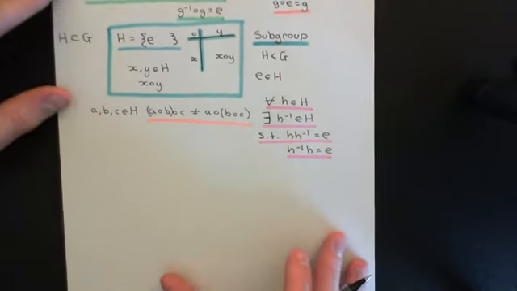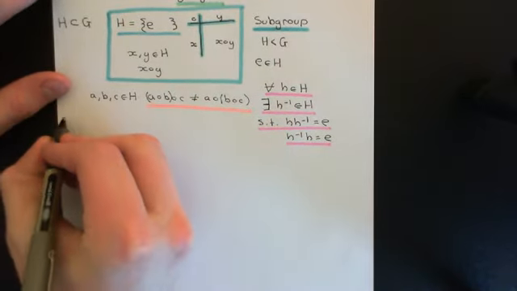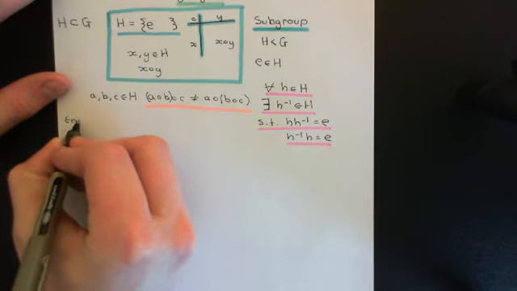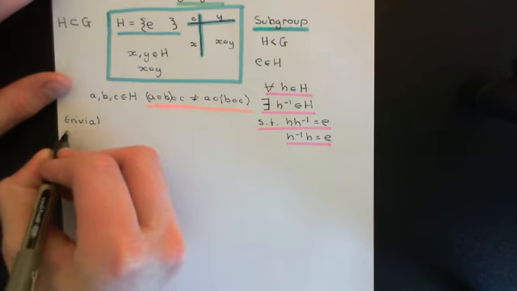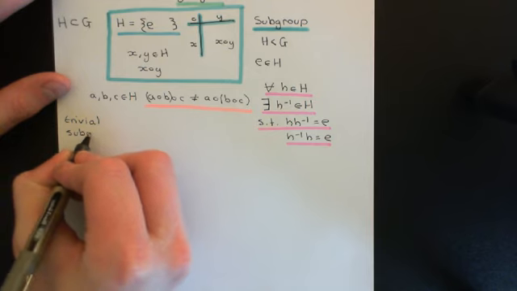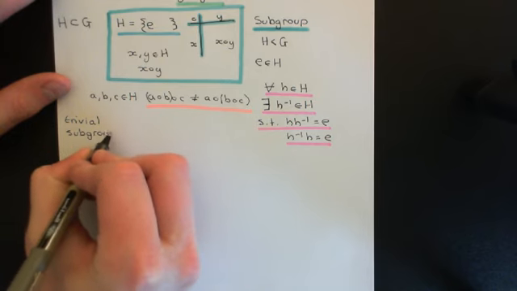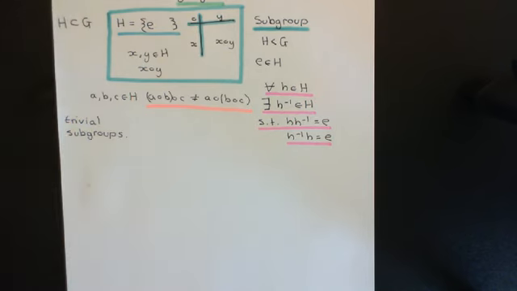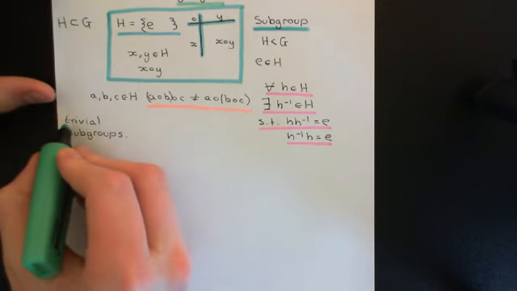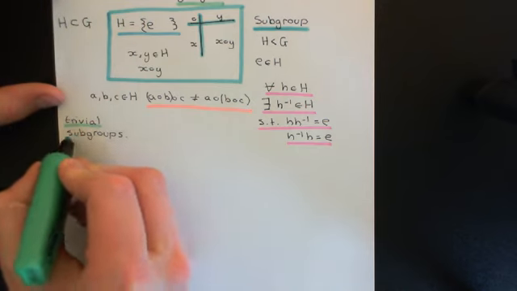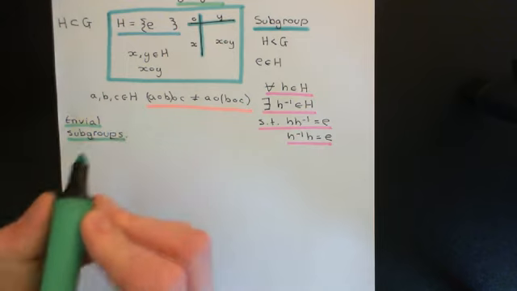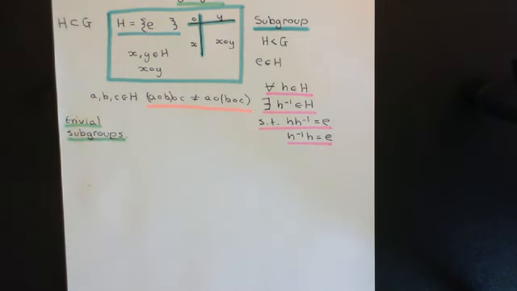Okay, so before we go on to discuss some more interesting examples, let me just talk about, for an arbitrary group, the two trivial subgroups. Okay, so for any group you can easily find two subgroups, and these are called the trivial subgroups. Okay, right. So one of the trivial subgroups is the entire group itself, and I alluded to the fact that this was going to come up earlier on when I talked about the fact that actually the set containing all the elements of the group is actually considered a subset of the group.